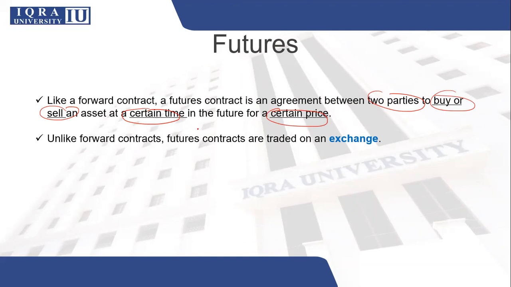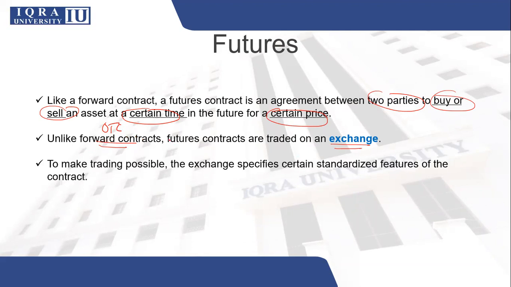But the difference is that futures contracts are traded on the exchange, unlike forward contracts, which are exchanged in the OTC market, where two parties negotiate directly. To make trading possible, the exchange specifies certain standardized features of the contract. If you purchase something on the exchange, then the quantity, the price, and everything is fixed.